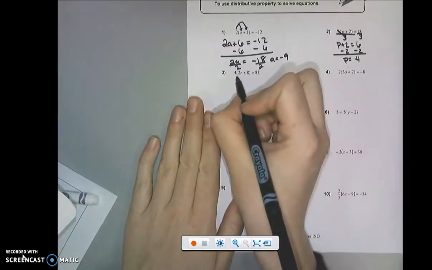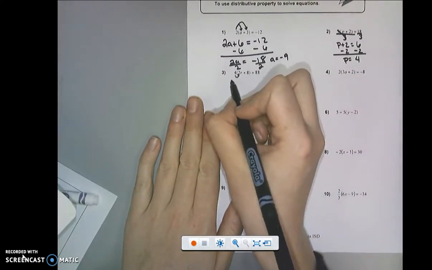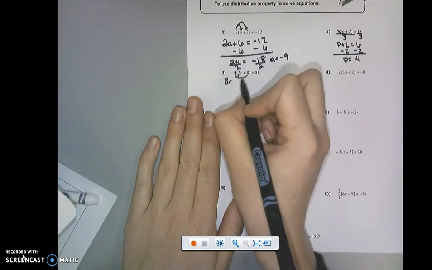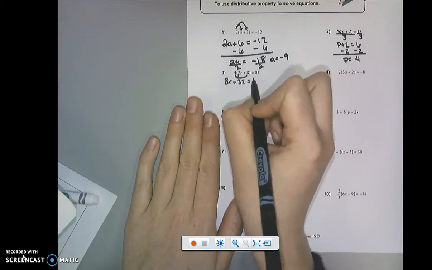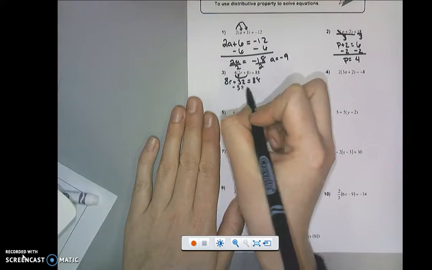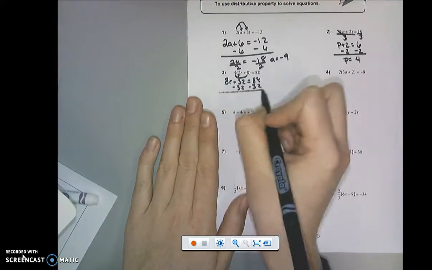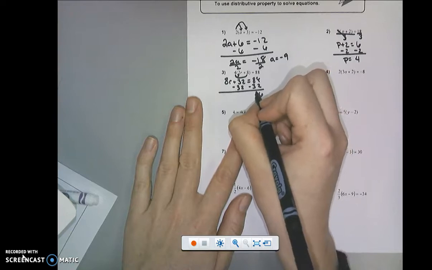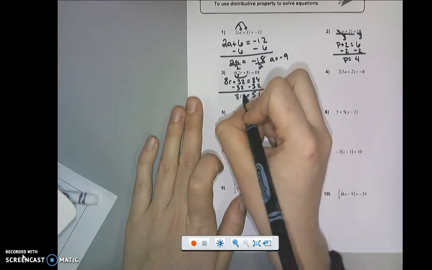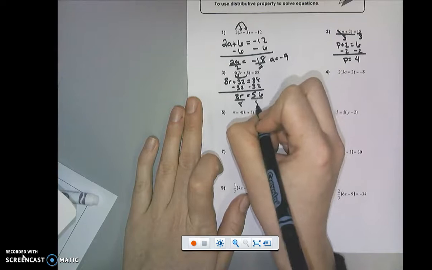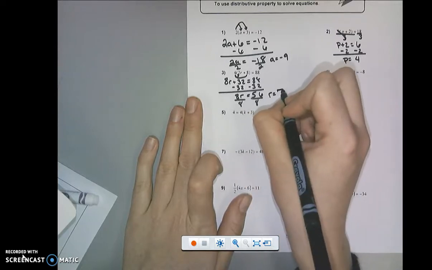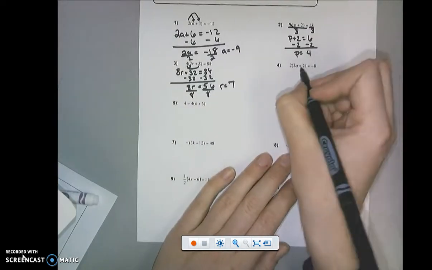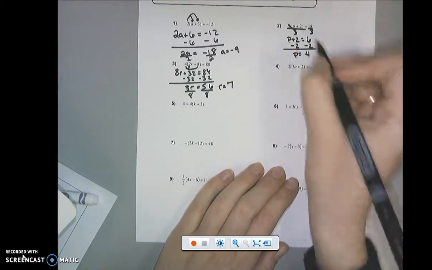All right, I'm going to do the distributive property for this one. I'm going to do 8r plus 32 equals 88, minus 32, minus 32. 88 minus 32, that's going to be 56. 8r, divide by 8, r would equal 7. All right, over here I'm going to do the method I did for number 3.